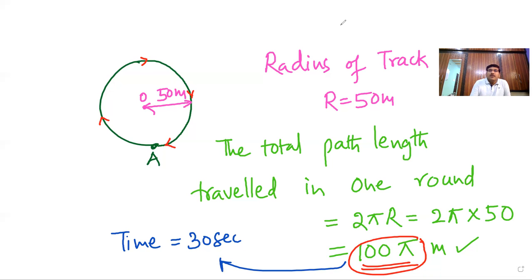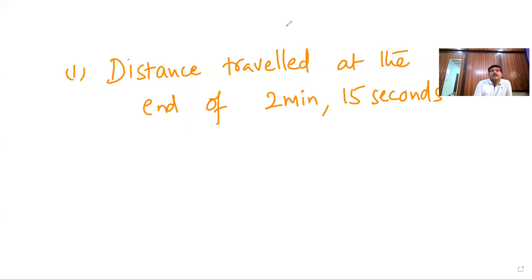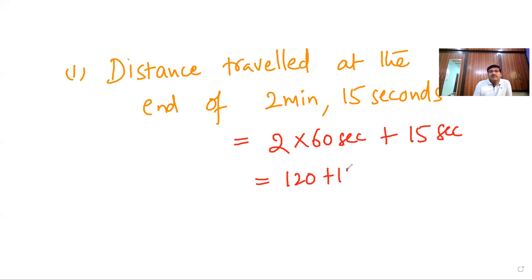Now let us see the first one. What is asked? The distance traveled at the end of 2 minutes 15 seconds. 2 minutes 15 seconds. 1 minute is 60 seconds, so 2 minutes is 120 seconds, plus 15 seconds.